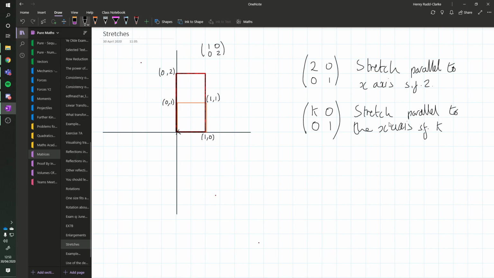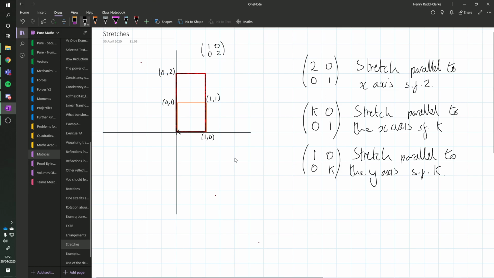And that would be a stretch parallel to the y-axis scale factor 2. So we can infer from that pretty simply as well that if we have 1, 0, 0, k, that would be a stretch parallel to the y-axis scale factor k. So these are just two different types of stretch.